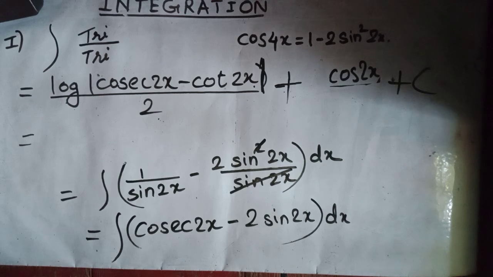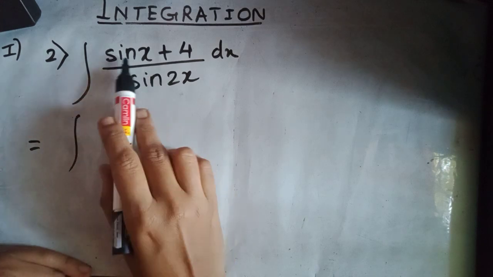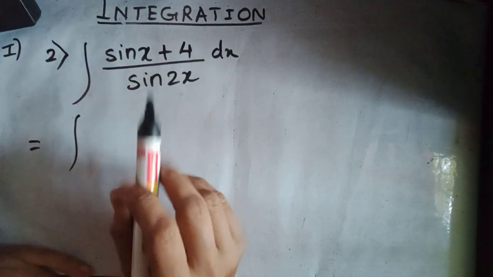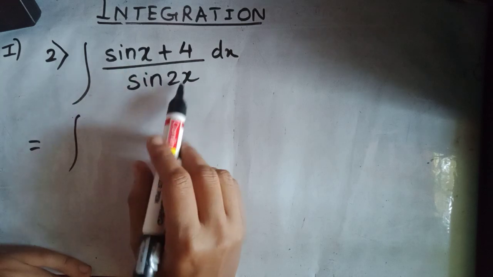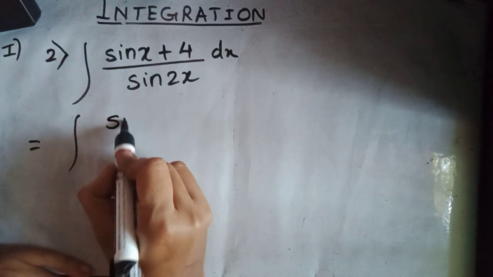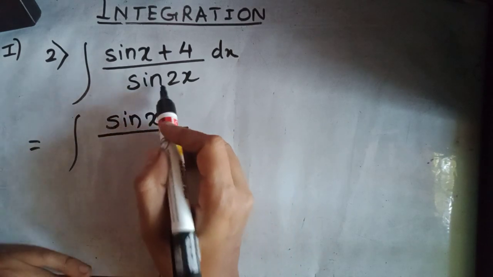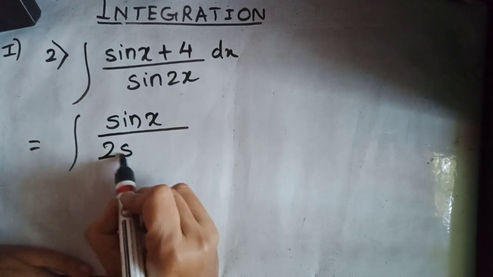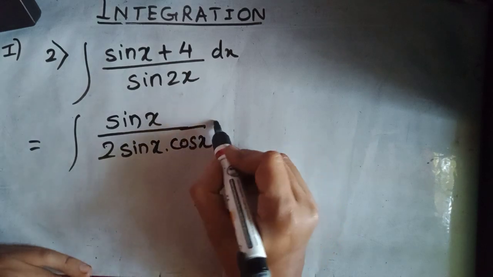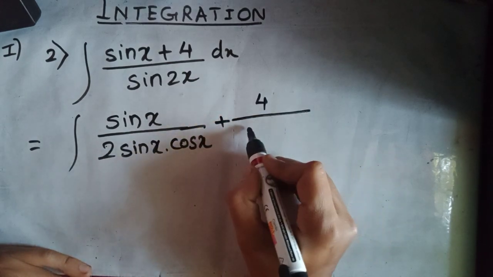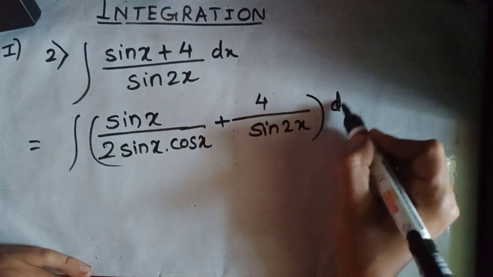Let's see one more example. Here sin x plus 4 upon sin 2x is given. Either you have to convert sin x or sin 2x. So let's write this as sin x upon sin 2x, which you can write as 2 sin x cos x, that is our trigonometric identity, plus 4 upon sin 2x, dx.